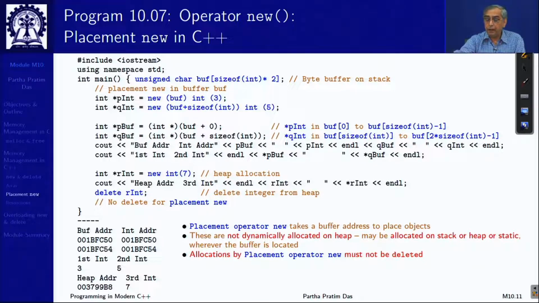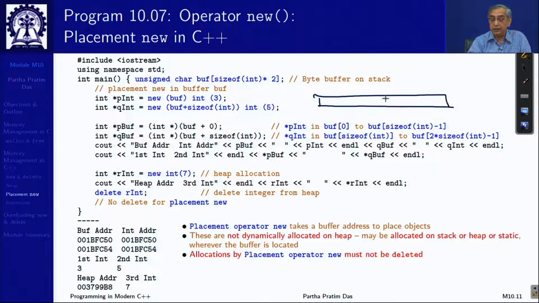So, now if I try to look at these 2 addresses, one here and one here, the two integers as we have kept. I have taken the buffer address by taking buff plus 0, which is my first integer, casting it to int star. I have taken buff plus size of int, this integer, cast it to int star.